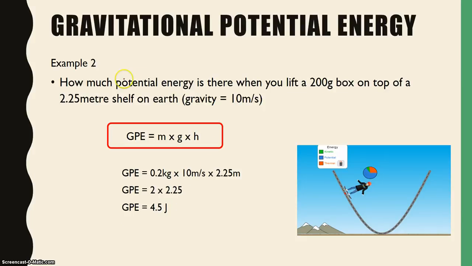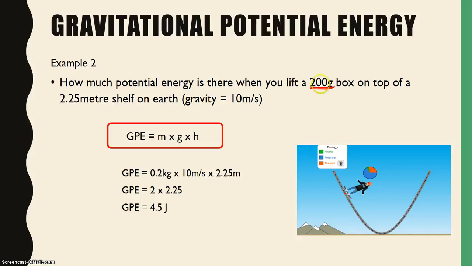Second example, gravitational potential energy. How much gravitational potential energy is there when you lift a 200 gram box on top of a 2.25 meter shelf on Earth where gravity is 10 meters per second? So we know that it's mass in kilos times gravity times height.